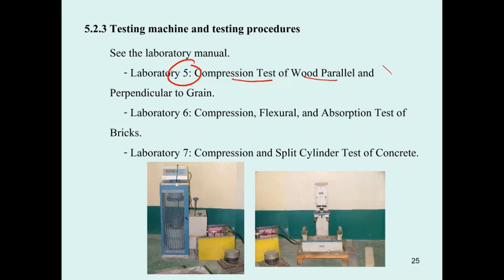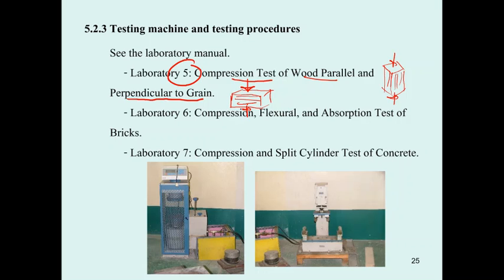The wood has some grain, so most wood can carry a large force when subjected to force parallel to the grain, like this, and it carries less force when the force is applied perpendicular to the grain, like this.